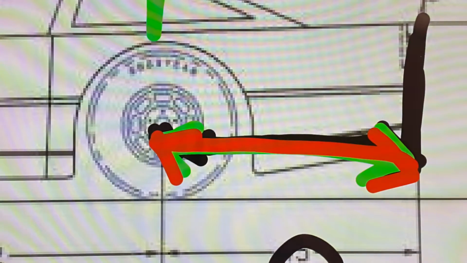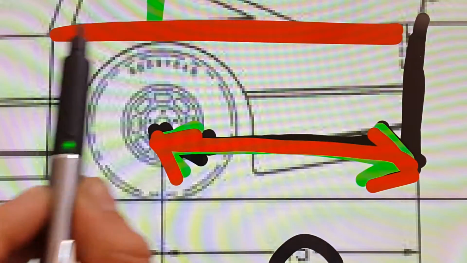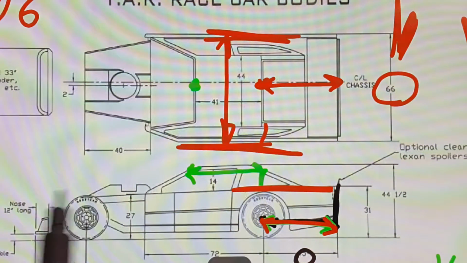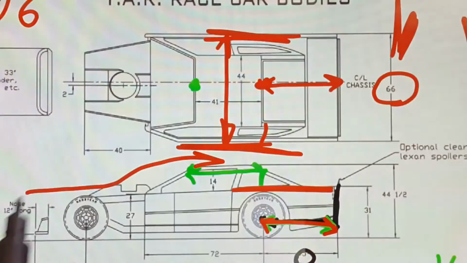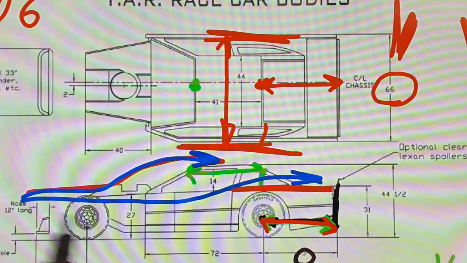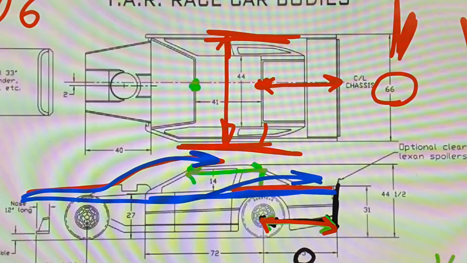The rear edge of the quarter panel is this guy. So they're talking about the height of the quarter panel, and that has to do a lot with the aerodynamics of how the air is passing through the car, because the quarter panels are also an important aerodynamic feature of how the air will be going out.